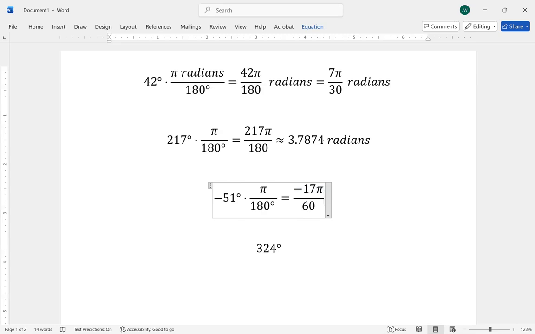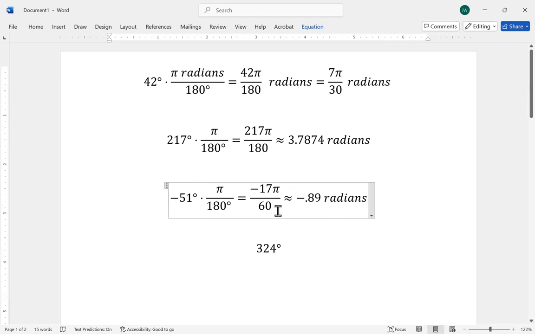Again, if you wanted to use a decimal version of that, that's okay too. That's about negative 0.89. I'll just round this one to a couple of decimal places. So negative 17 pi over 60 is the exact answer. Negative 0.89 is the rounded answer.